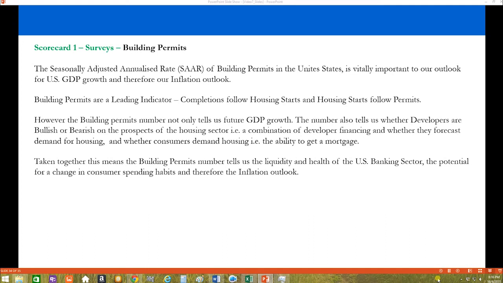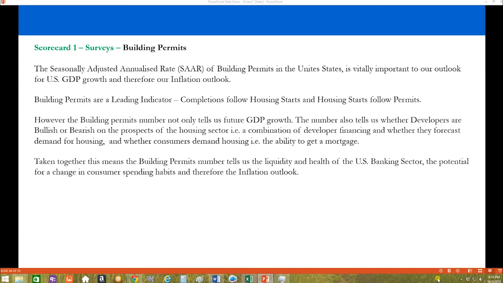And it's useful in a number of ways because it's telling us the future levels of activity in the housing sector. And the housing sector is obviously a big driver of overall GDP growth, employment and inflation in the United States. And it's vitally important to our outlook for GDP growth and inflation and even jobs.